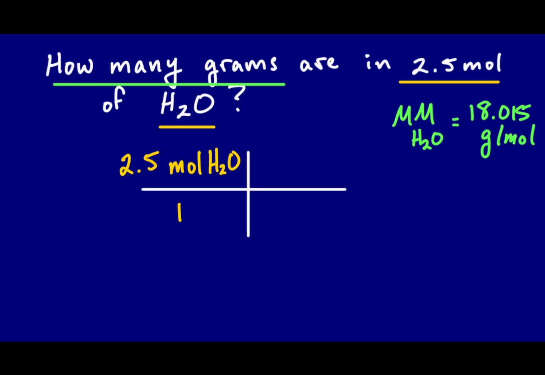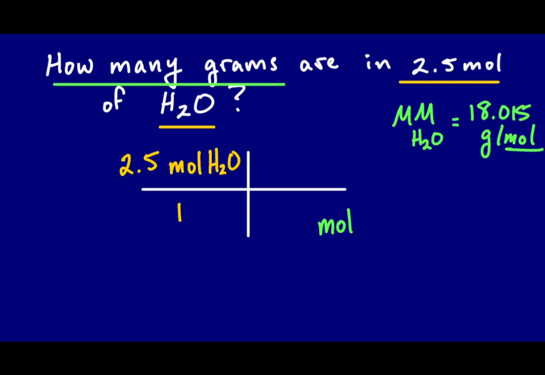So moles are in the numerator of our first fraction, so that means that moles will have to be in the denominator of the second fraction so that we have them cancel. Anything divided by itself is equal to 1, so we will no longer have those units. So we have moles in the denominator, right? We have to think, what's the other part of our fraction?